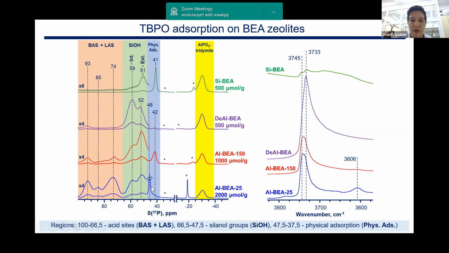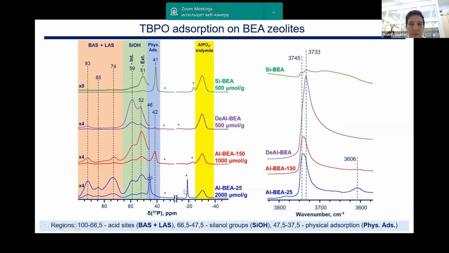In the blue area, the signals related to physically adsorbed and individual probe molecules are located. The changes in this green area correspond to the changes in the region related to the difference in IR spectra of the silanol vibrations region.